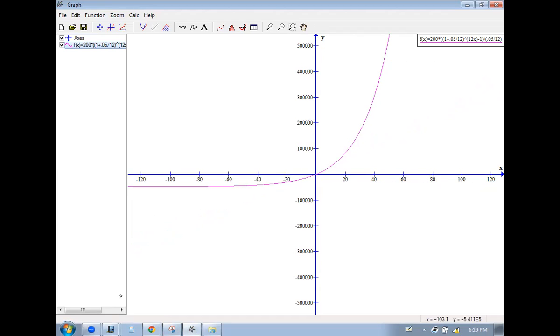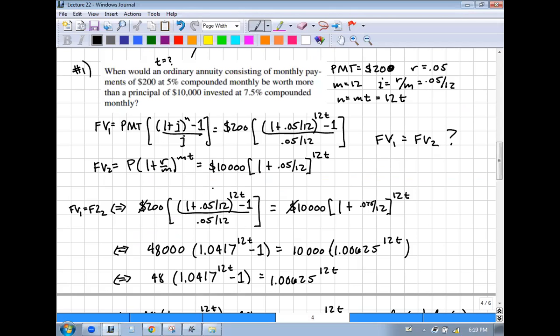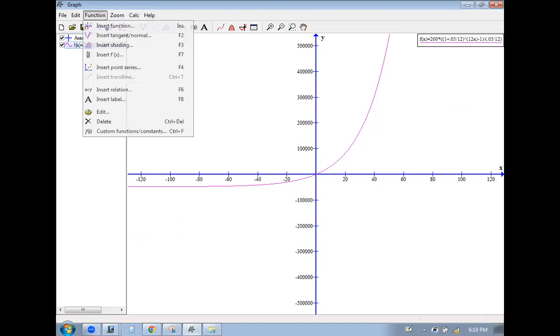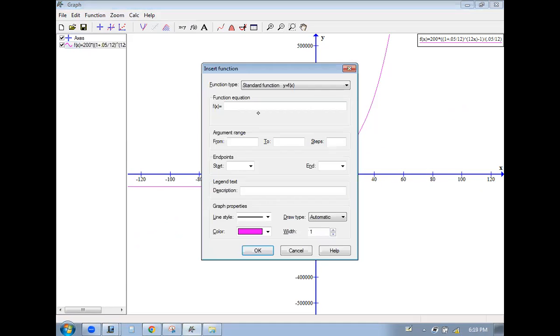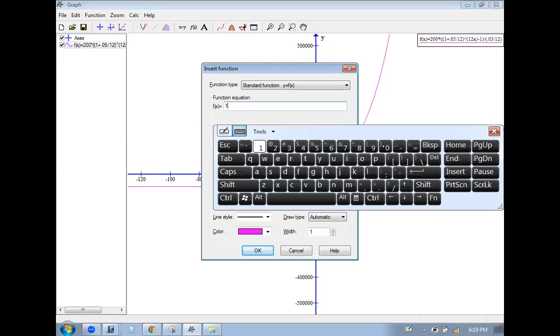What is the other one here? 10,000 and 5%. Okay. Now let's try another one here. Function, insert function. We had 10,000 times 1 plus 0.075 divided by 12 to the 12x.